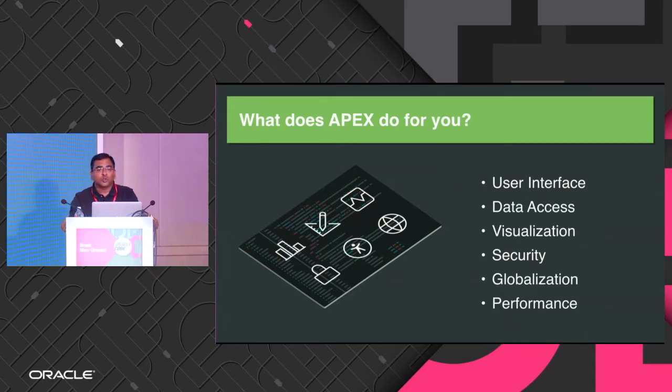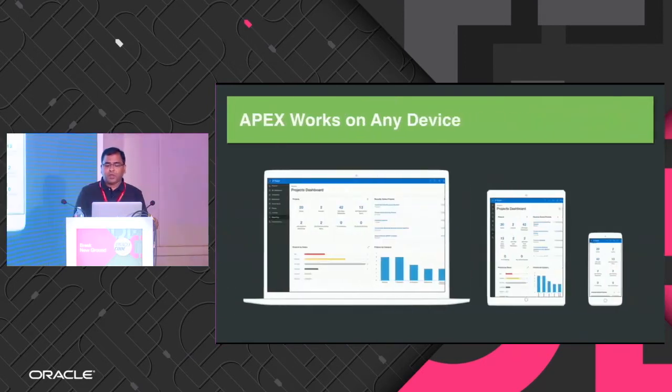You can also use your social authentication scheme, like you can hook up your Apex applications to be signed in or authenticated via Facebook or Google or Twitter or whatever it is. Social sign-in, we call it. Okay, and globalization and performance. These are the typical things which Apex does for you. Apex works on any device, not just a browser, not just your desktop, it works on your smartphones.